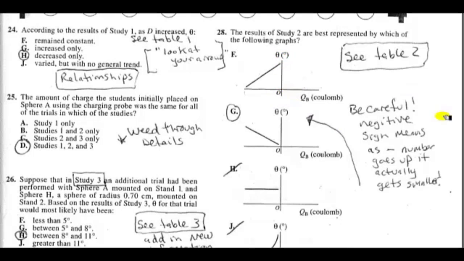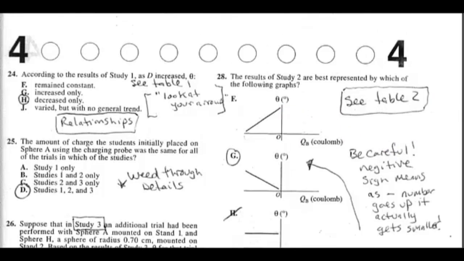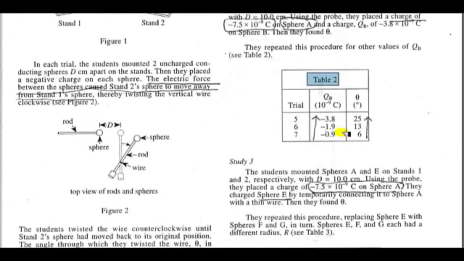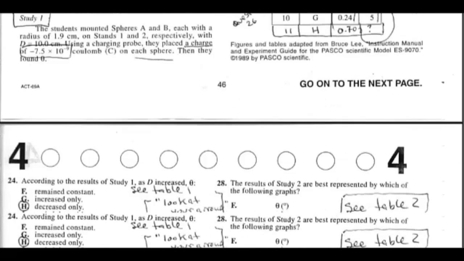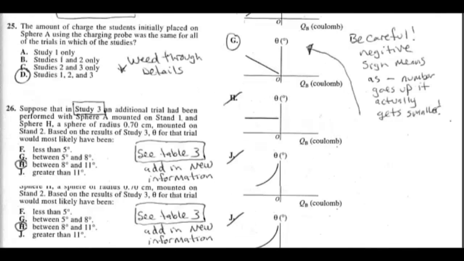So remember, we start off large and we are going from large to small. Do you see that? Trial 5 is up here, and we proceed from negative 3.8 going down, down, down towards 0. So keep in mind as we're going and looking for a graph that's going to represent that.